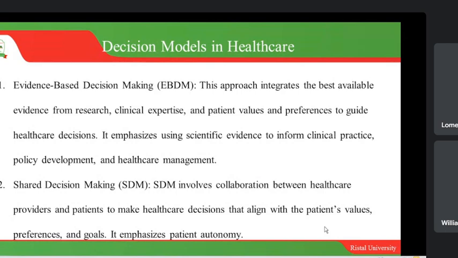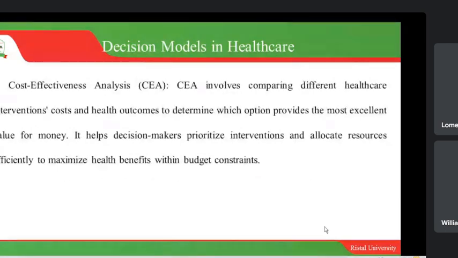I had mentioned this model a while back, called the cost effectiveness analysis, or CEA, and it involves comparing different healthcare intervention costs and health outcomes to determine which option is going to provide the most excellent value for money.